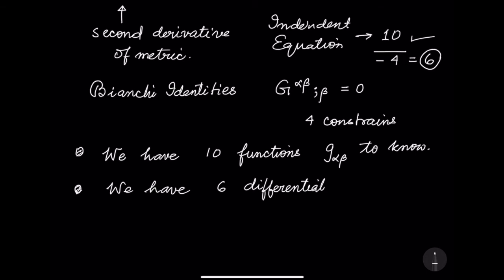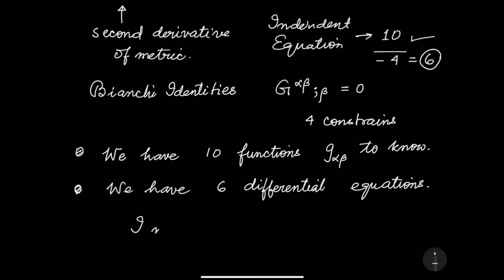So it is obvious that we will never be able to know what these G alpha beta, all 10 functions, are, unless I by hand choose 4 conditions.